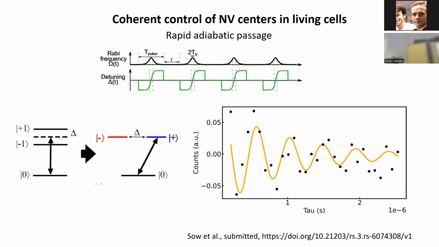With this, you can do Ramsey fringes for moving and rotating nanodiamonds, and the decay of this fringe gives you a line width that is now much narrower than you've seen before. It's a few microsecond coherence time, and that gives you much better tracking accuracy in frequency space.